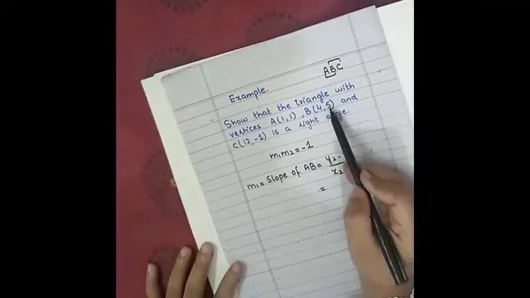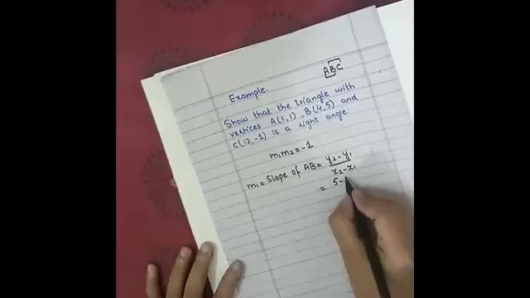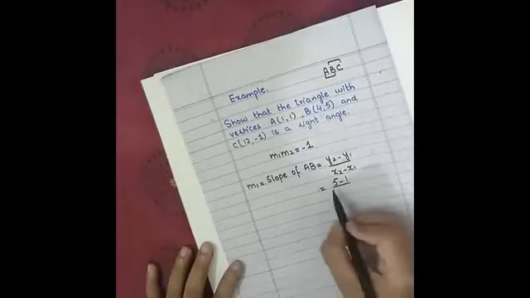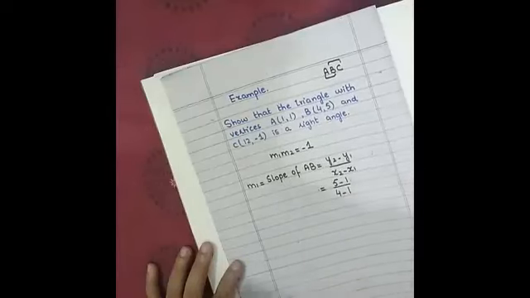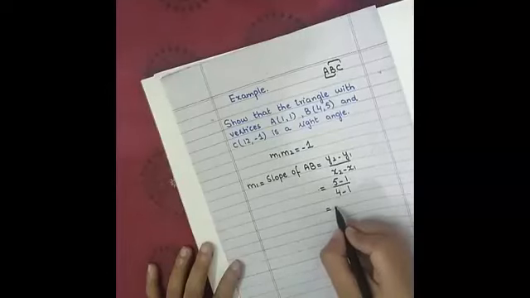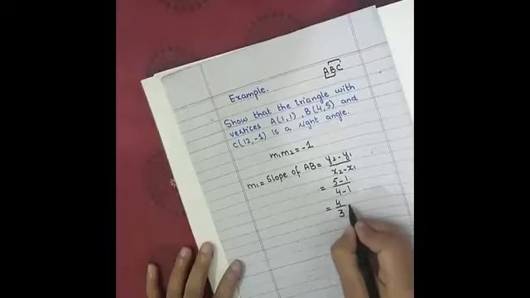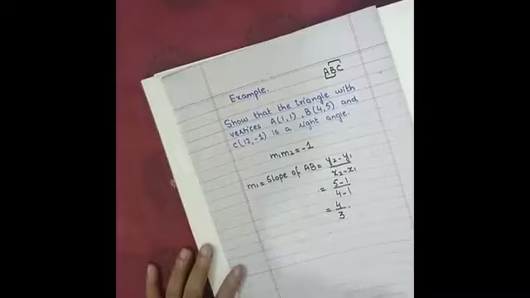This is y2, 5 minus, this is y1, 1. This is x2, 4, and this is x1, 1, which is equal to 5 minus 1 is 4 and 4 minus 1 is 3. So slope of AB is equal to 4/3.